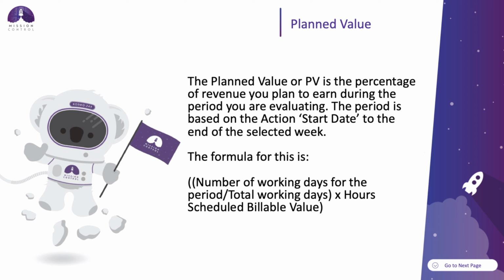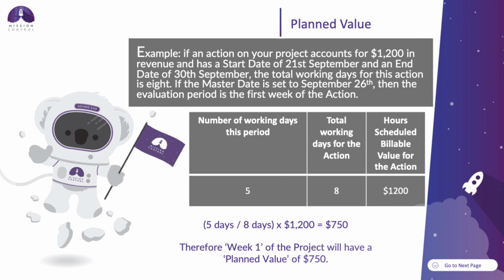For example, if an action on your project accounts for $1,200 in revenue and has a start date of the 21st of September and an end date of 30th of September, the total working days for this action is 8. If the master date on the revenue recognition page is set to September 26th, then the evaluation period is for the first week of the action.